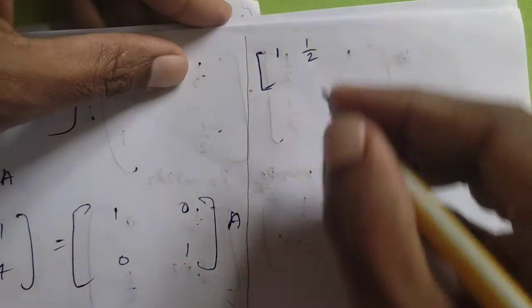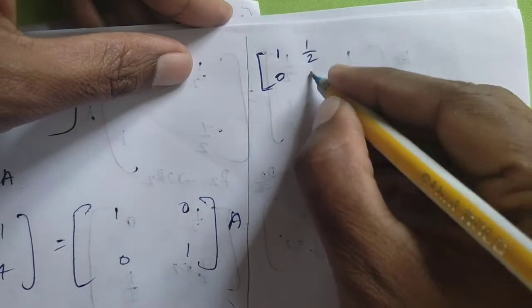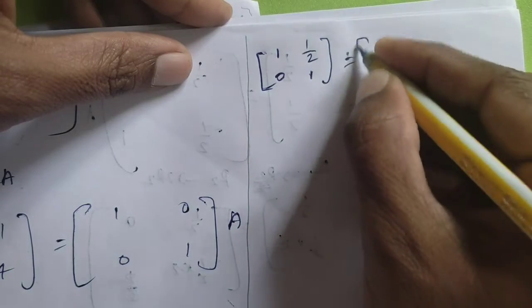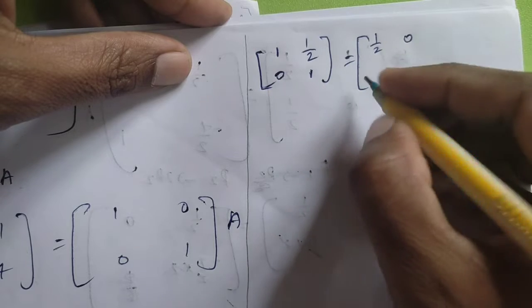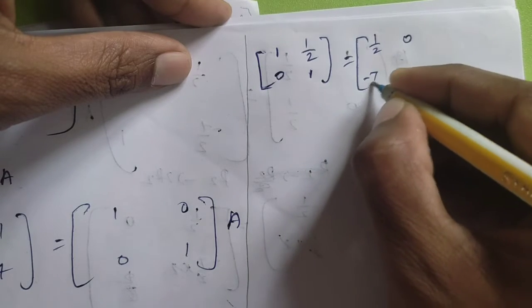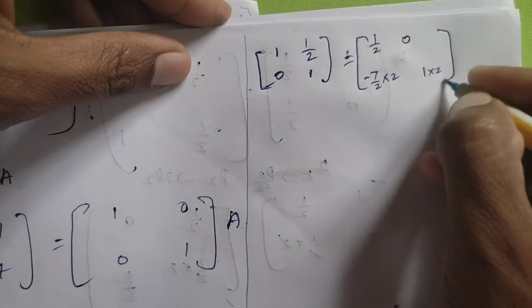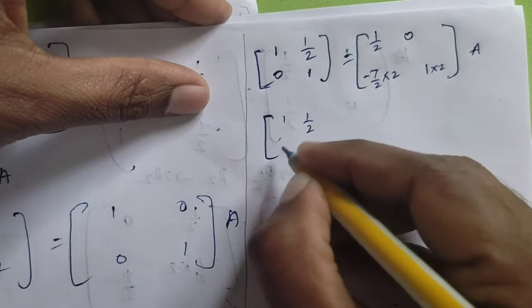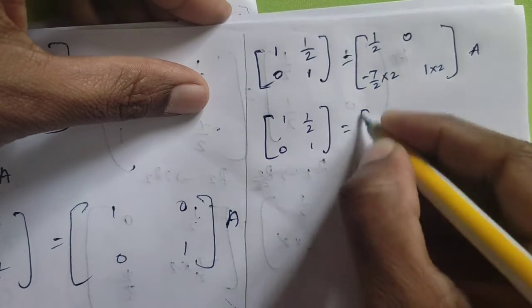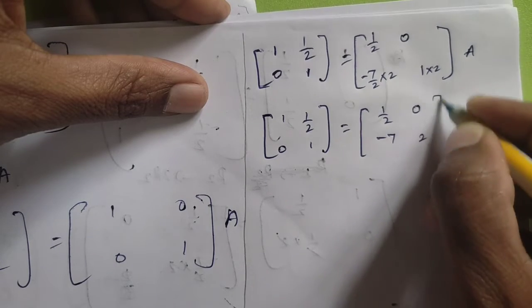R2 tends to 2 R2, so 0 into 2, 1 by 2 into 2, so it will become 1. In the RHS, 1 by 2, 0 keep as it is. Here minus 7 by 2 into 2, 1 into 2 into A. So now 1, 1 by 2, 0, 1 equal to 1 by 2, 0, minus 7, 2 into A.